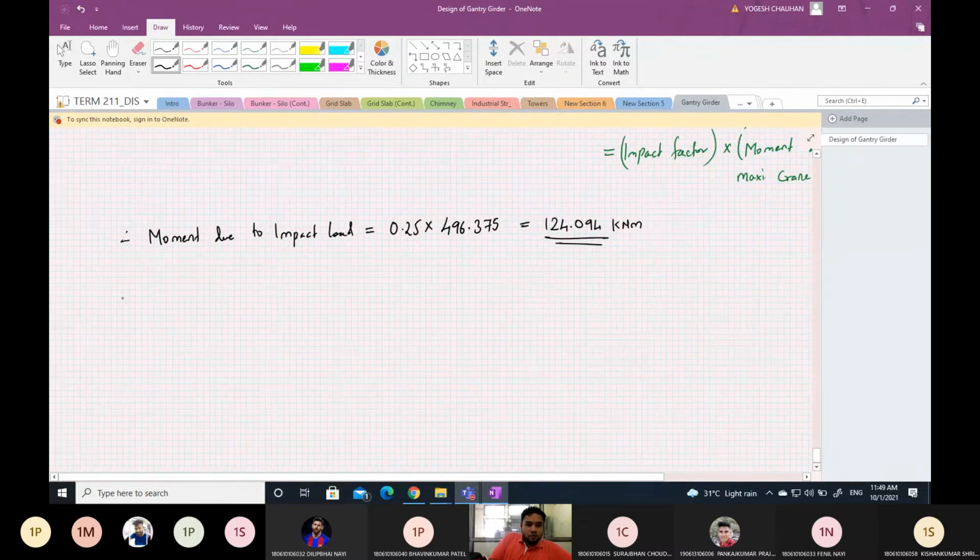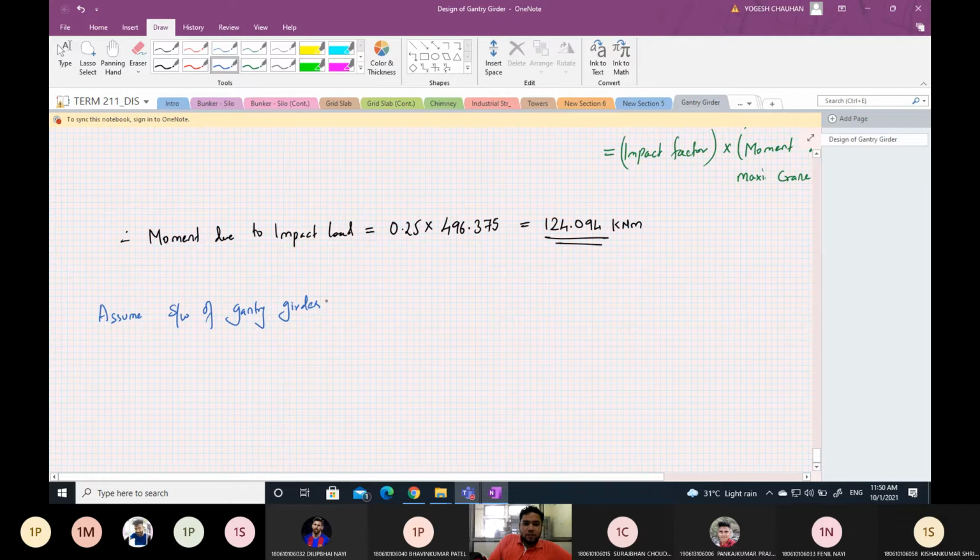Then third thing, we have to find the moment due to the self-weight of the girder itself and the rails provided on top of it. So for that, let us assume self-weight of gantry girder, because we have to design the gantry girder.